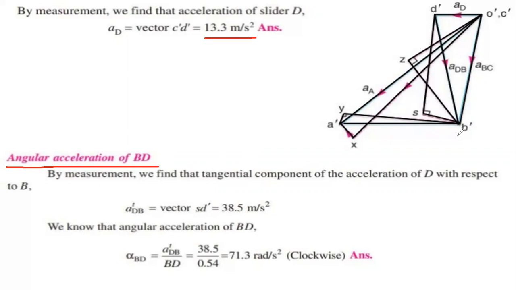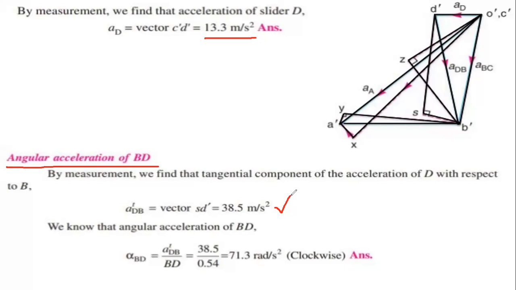So this is the DB line, and this is the tangential component. By measurement, we have the value 38.5 meters per second square.